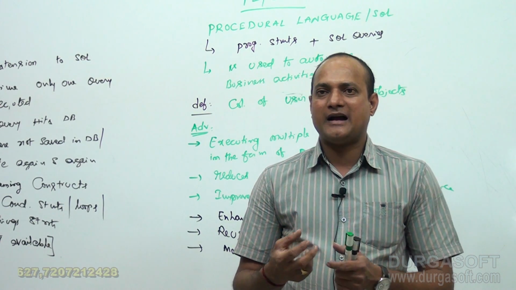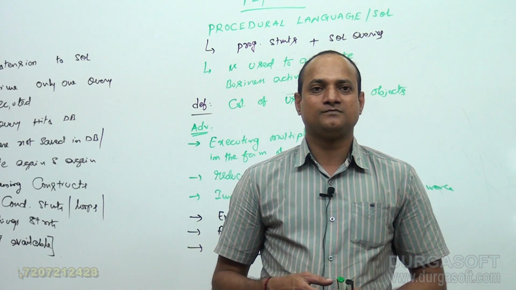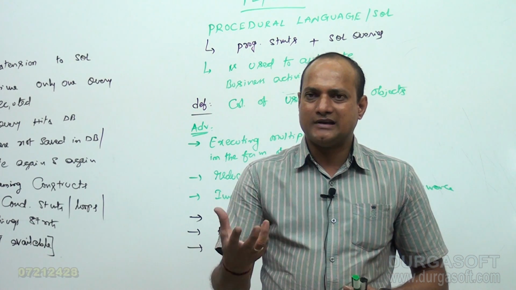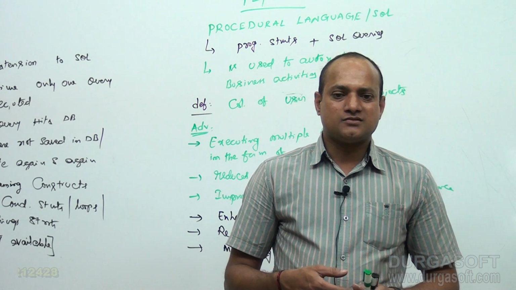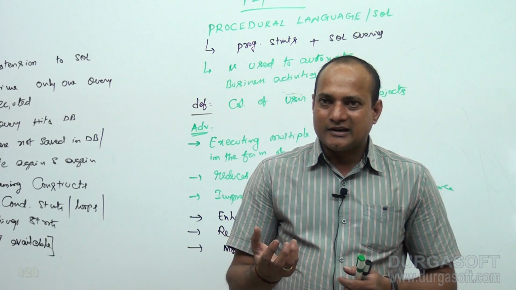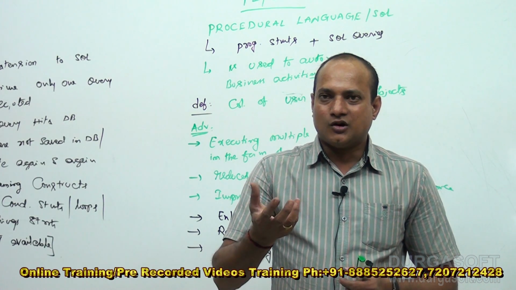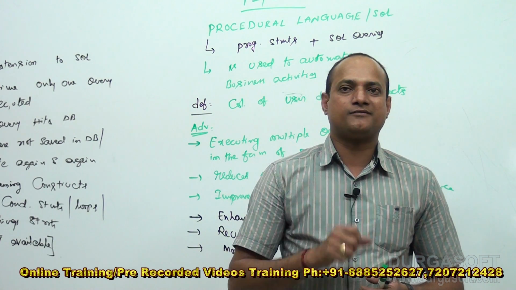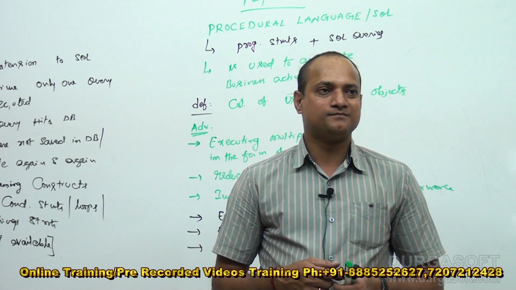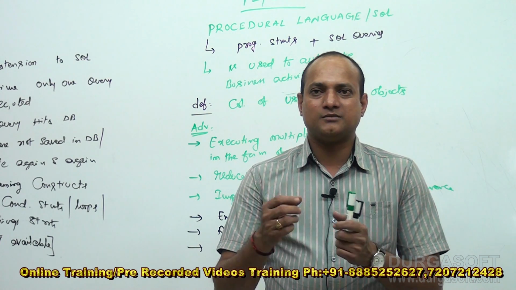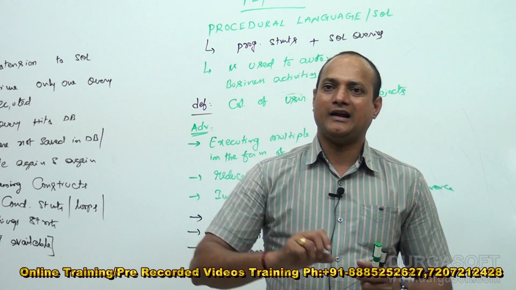To get the balance, there is a procedure or function, one SQL object. What is the responsibility of that object? It takes the account number or card number from you, and using that card number it gets the balance from your account.